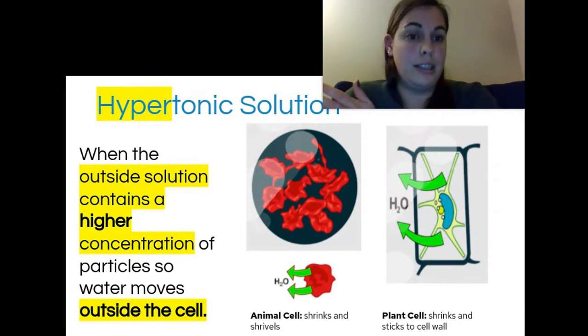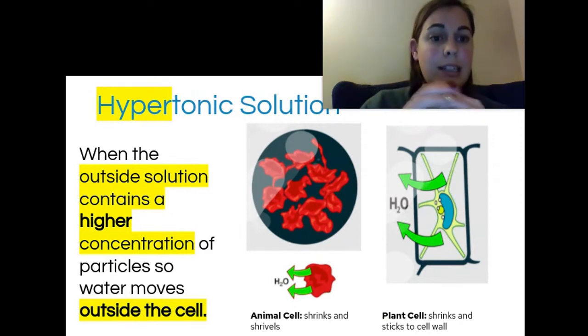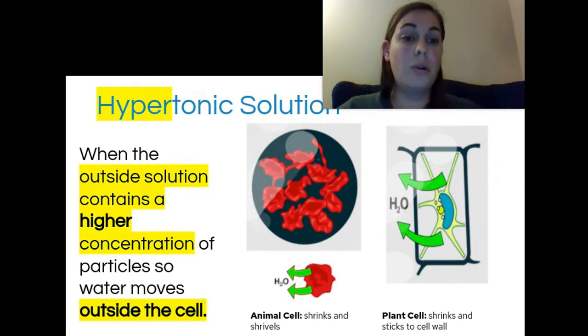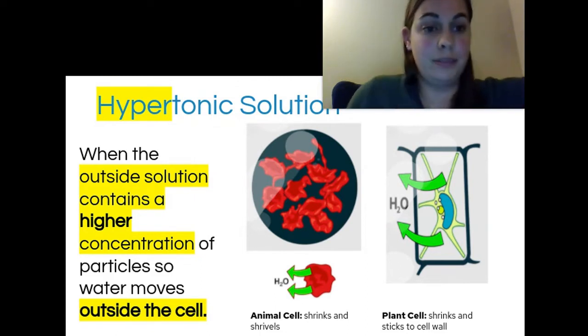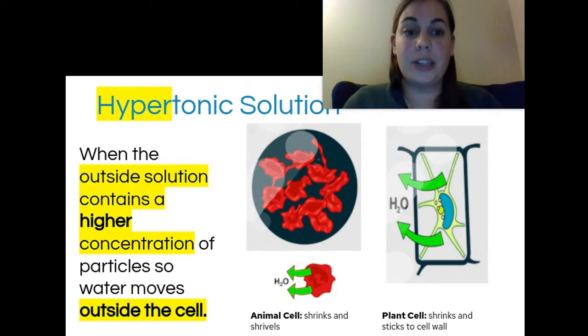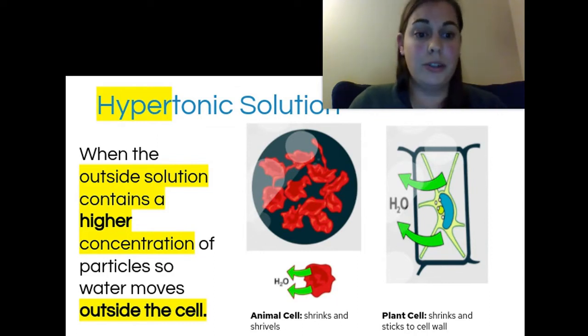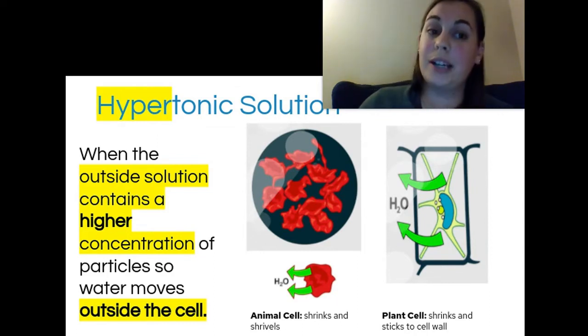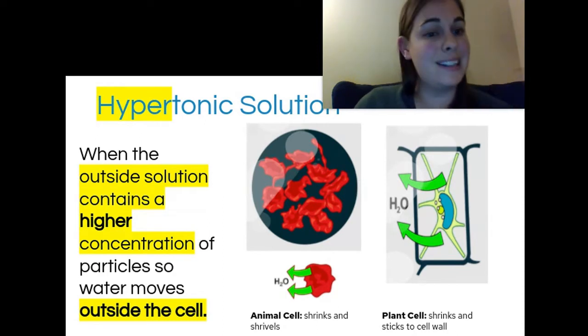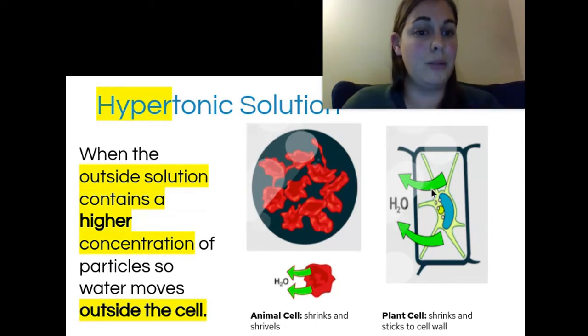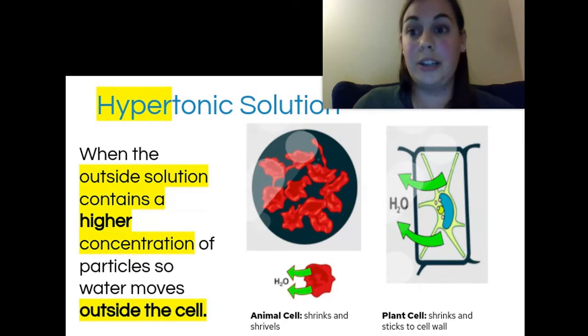Hypertonic solutions is saying my cell is inside of a solution that has more stuff on the outside. So water's going to leave. What this means in an animal cell is that it shrinks and shrivels. In a plant cell, because it has a cell wall, it shrinks and sticks to the cell wall. So you can kind of see what it looks like. In your notes, you can either write or draw this.